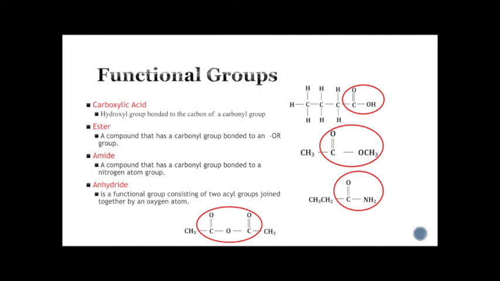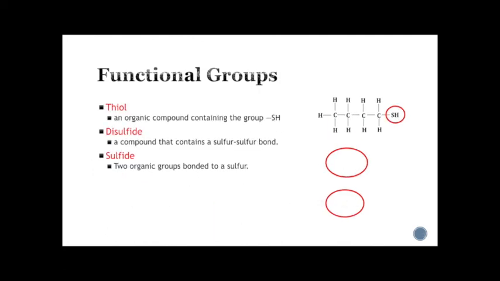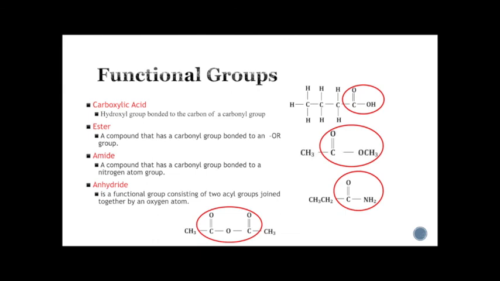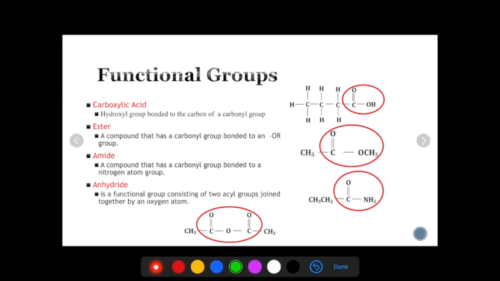Let's try that again. It doesn't matter what this section is, right? So that's the R we're talking about. So that can represent one carbon or several carbons, but the O right there, attached to the carbonyl carbon, is what represents it as an ester.